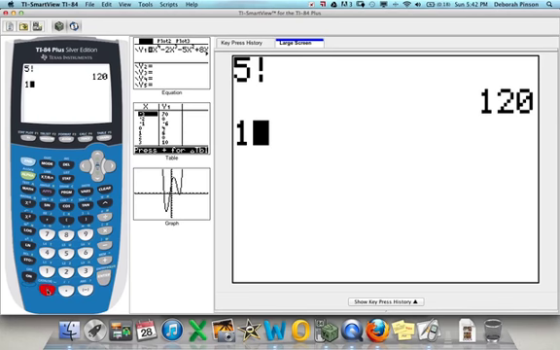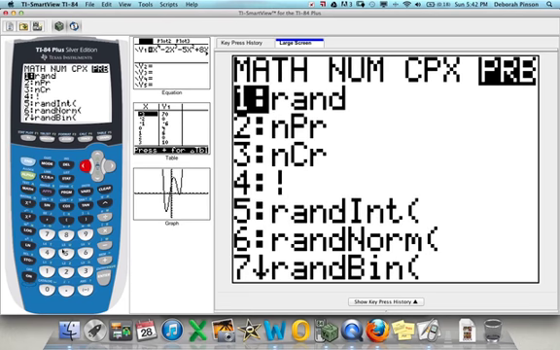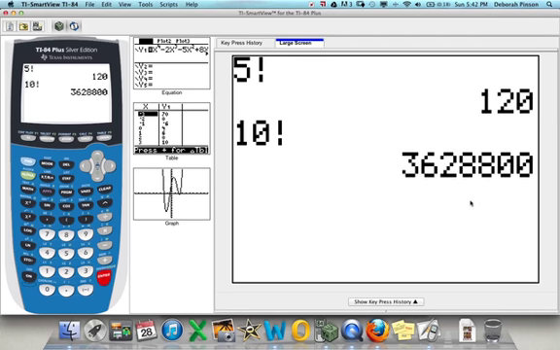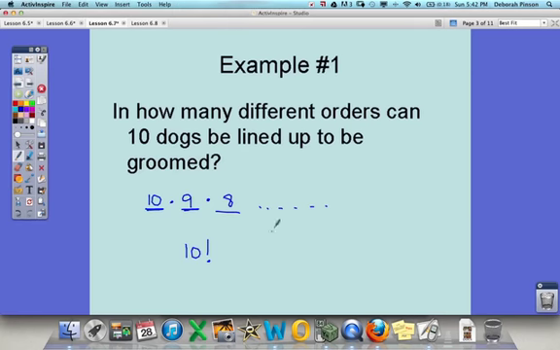So 10 factorial. Alright, so my comma would go there and there. So 3,628,800. So a lot of different orders you could pick there.